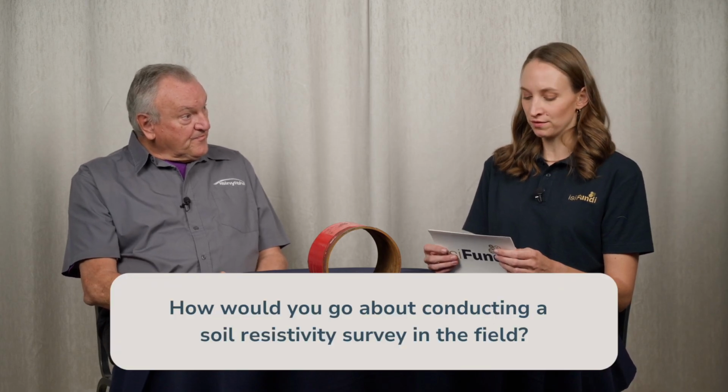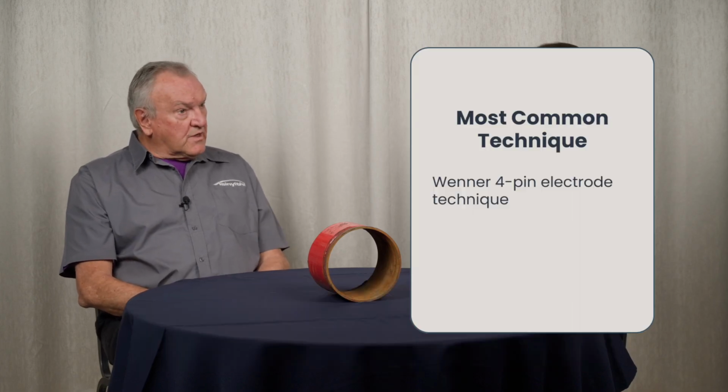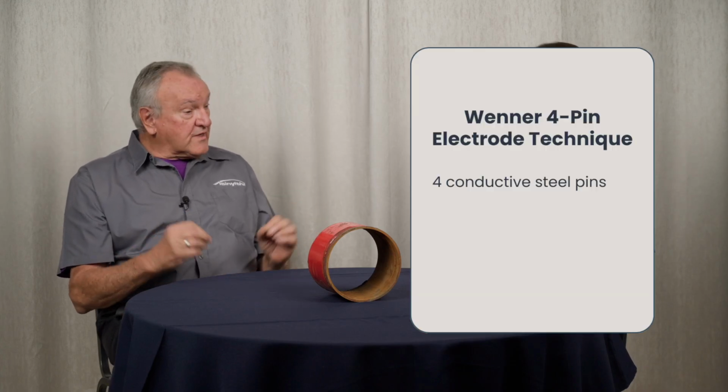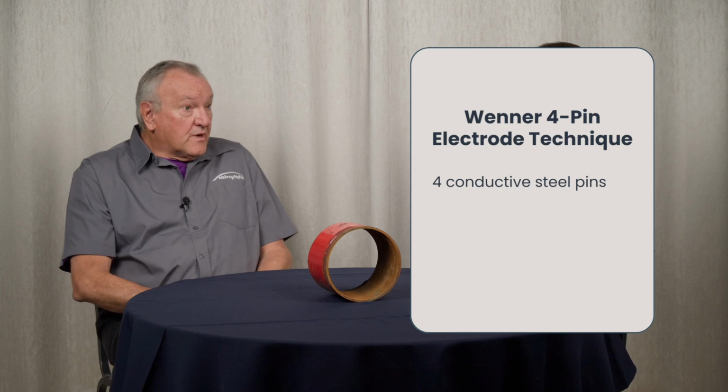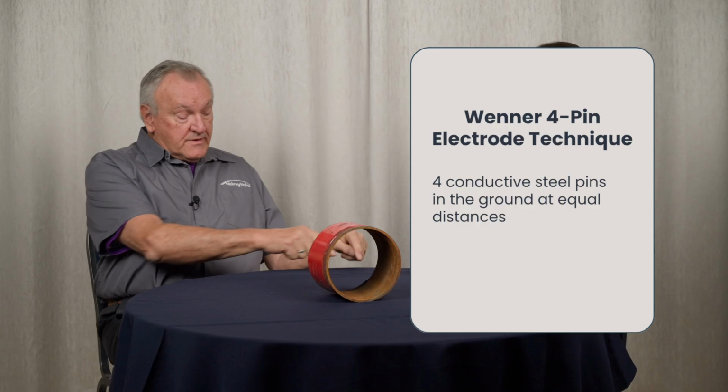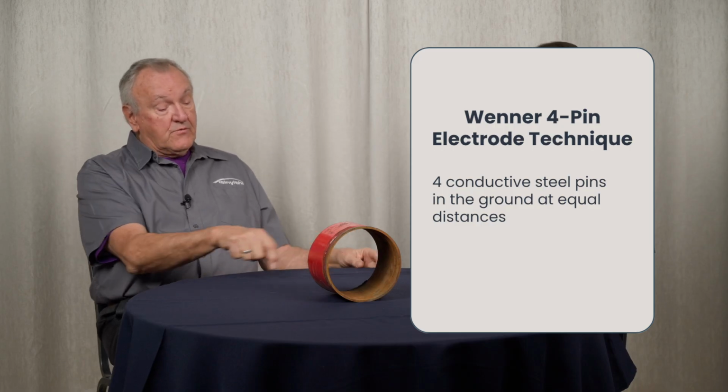Yes. Thank you. How would you go about conducting a soil resistivity in the field? Well, the most common system that is used is known as the Wenner 4-pin electrode technique. To do this, you take 4 conductive pins, normally metal pins, steel pins, drive them into the ground at equal distances, so 3 equidistant spaces, and you only drive them a short way into the ground because if you drive them too deep, you create other characteristics.